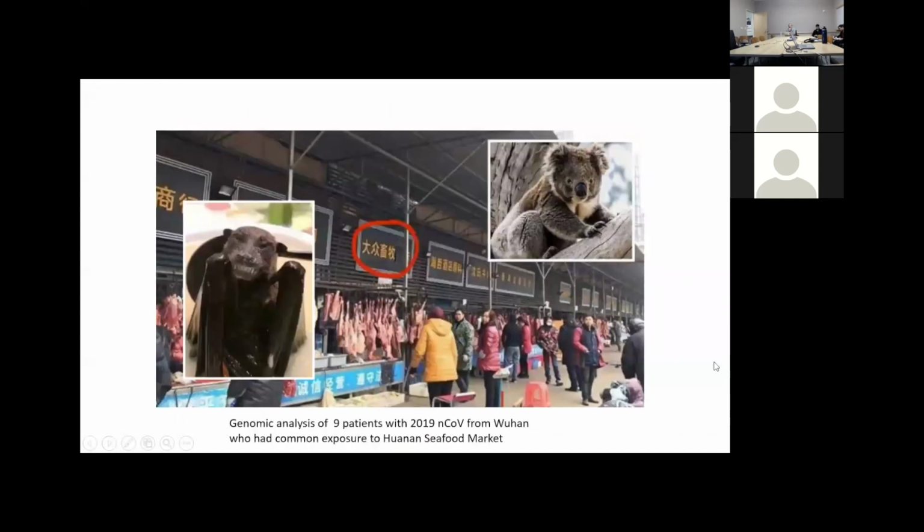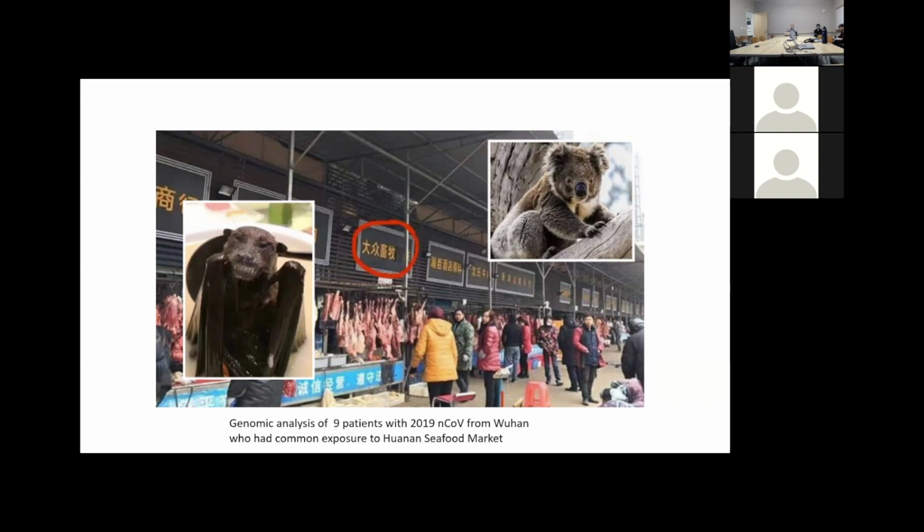Okay, so the earliest cases of COVID 2019 could be traced directly back using genomic analysis to a Hunan seafood market. Okay, and if you've been to China and been through any of these seafood markets, you have vivid memories of what these places are like.